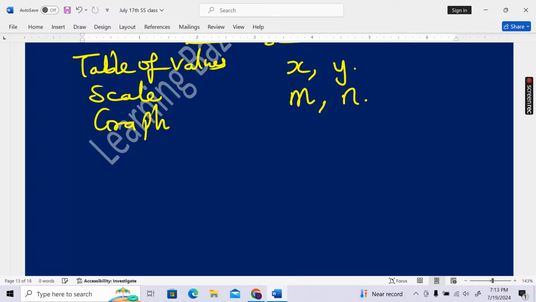That's why we call it simultaneous equations. Simultaneous equations deal with solving equations that have two variables. So we'll be looking at the table of values.